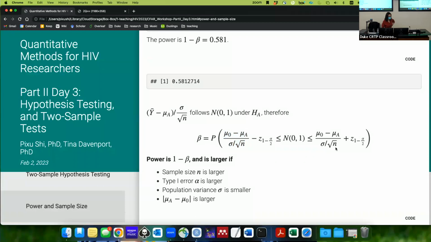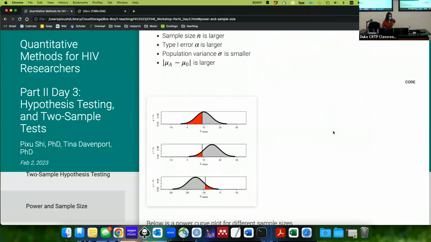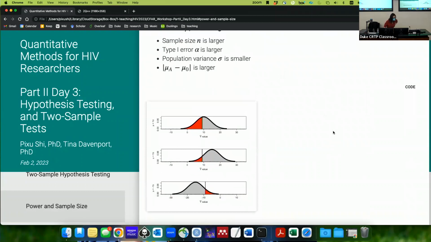But suppose we have a positive number here, then a larger sample size will mean a larger value here, right?